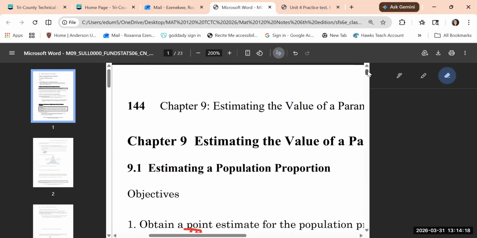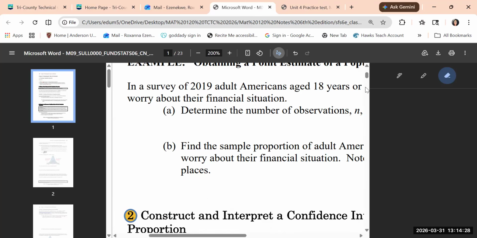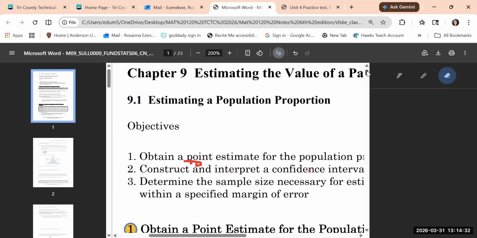Let's go read some of the things here we need to know. So I already said the objectives for today. Number 1, obtain a point estimate.